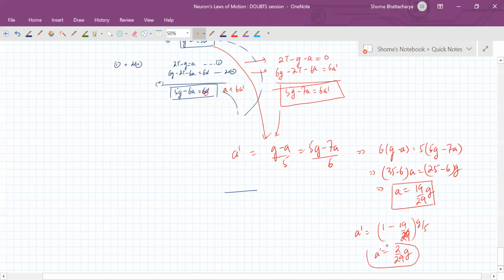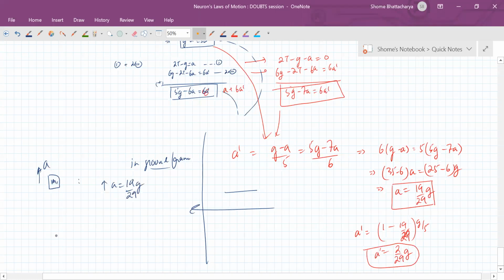So once you got your a prime, now you'll realize that one thing very important finally is that m1 is having an acceleration of a in ground frame. Okay. So m1 has an upward acceleration of a equal to 19 by 29 g.